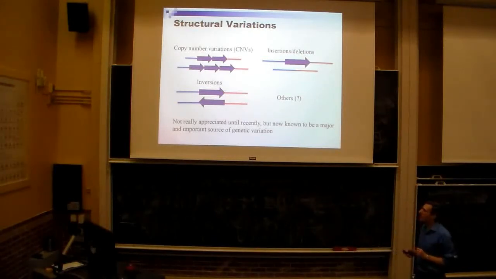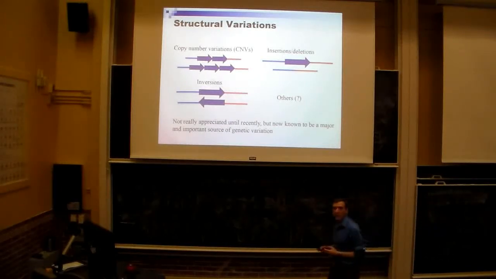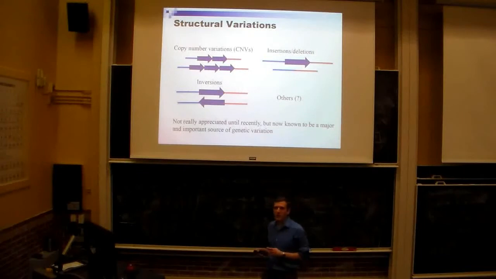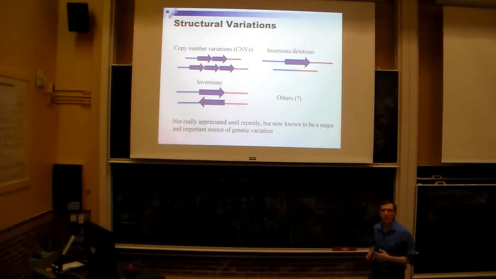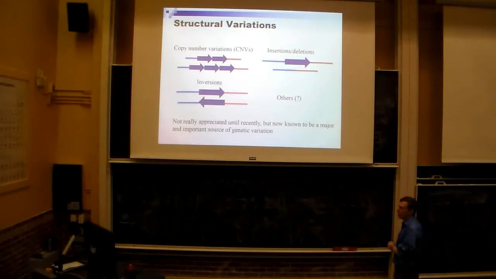Now, SNPs are not the only kind of variation of interest to us, and there are other variations that people are studying systematically in the human genome. One of the other important classes, which really started taking off maybe 10 years ago but is still being cataloged, is what's called structural variations.